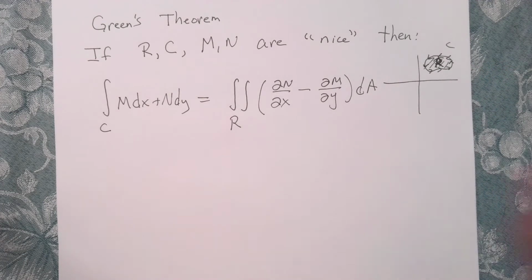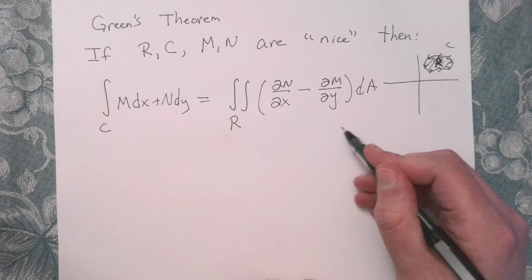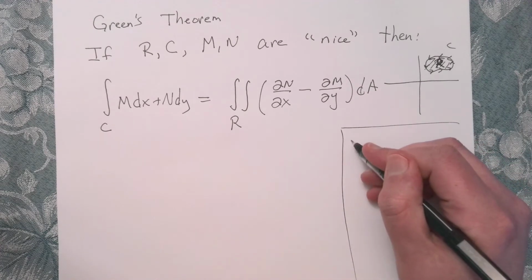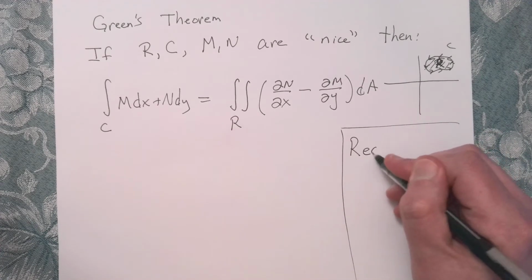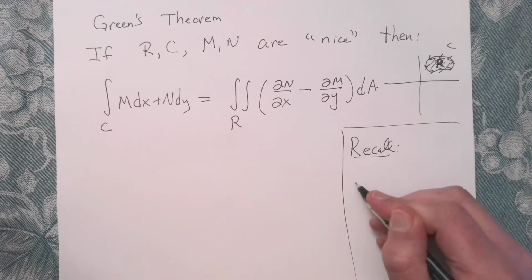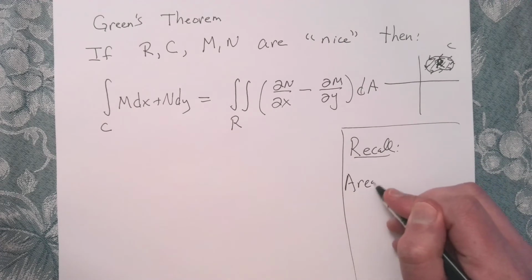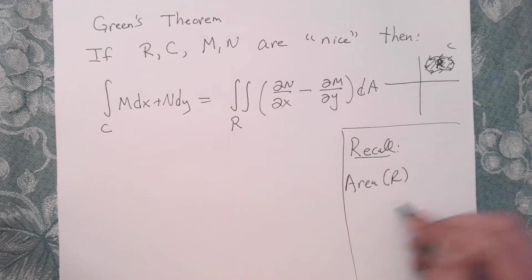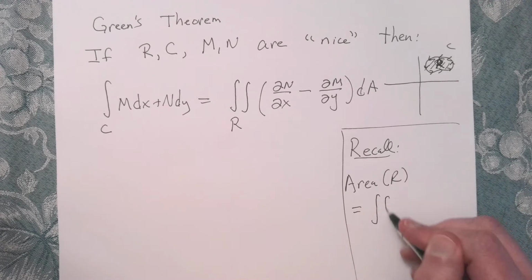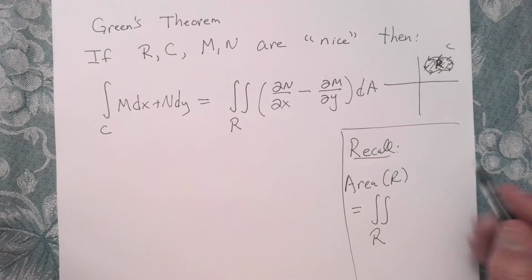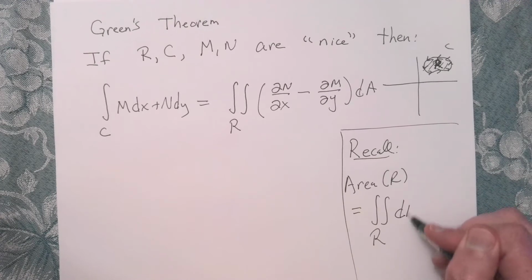Okay, so without going into the details of this, what I want to know is, how can I think about this in the realm of area? So we need to recall something about double integrals from multivariable calculus. Recall that the area of a region R is exactly the double integral over the region R of 1 dA.